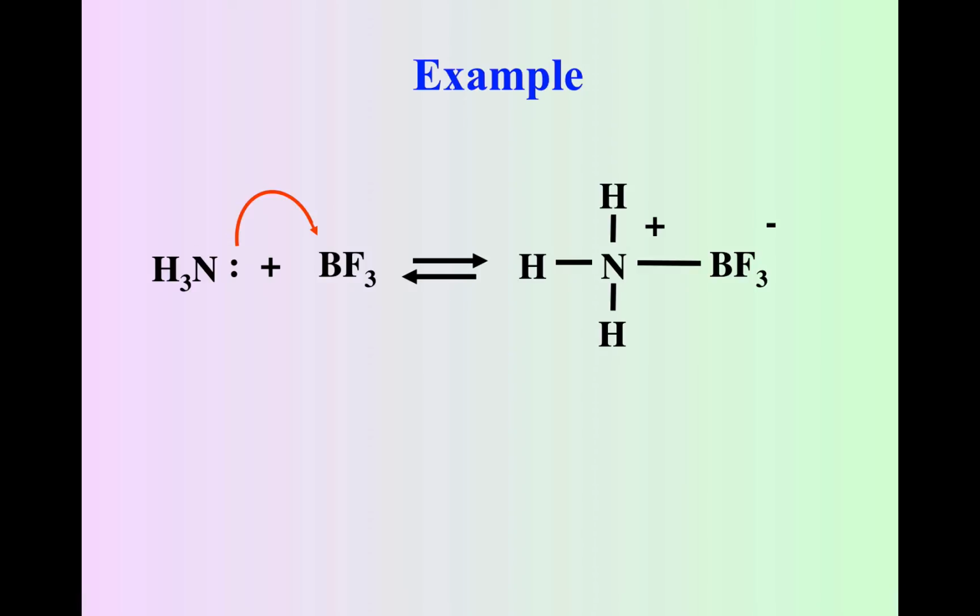So now all of a sudden you went from sp2 hybridization with the boron in boron trifluoride to sp3 hybridization when it coordinate covalent bonds with the nitrogen. So in this situation, the electron pair donor is the base. The electron pair acceptor is the acid, when we do the Lewis definition.